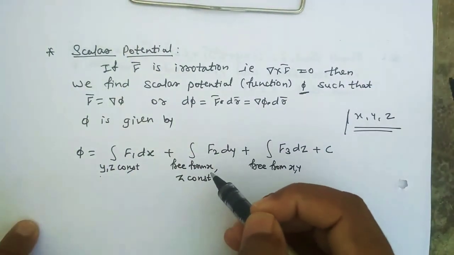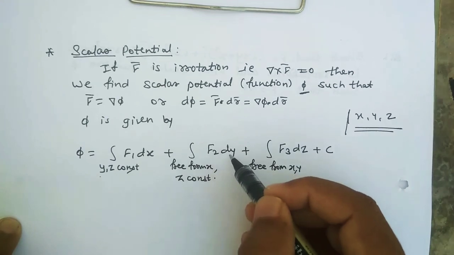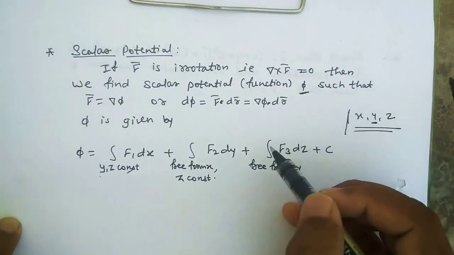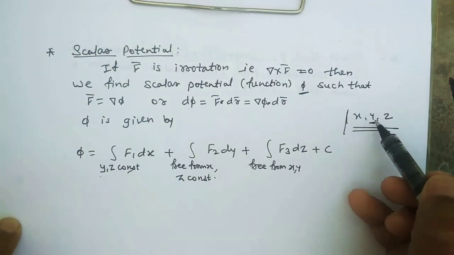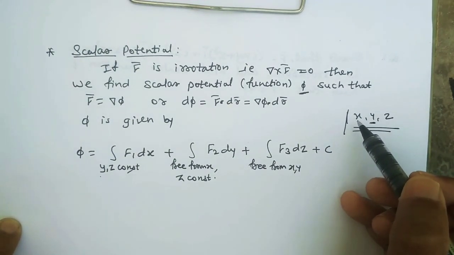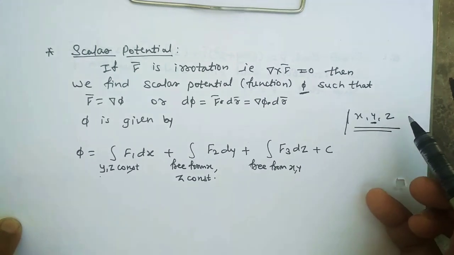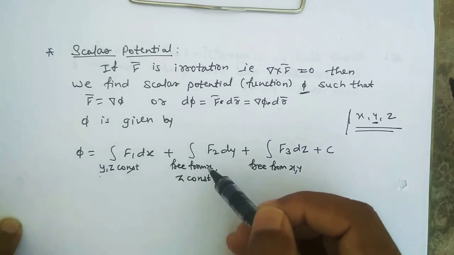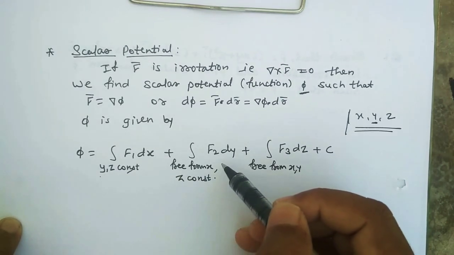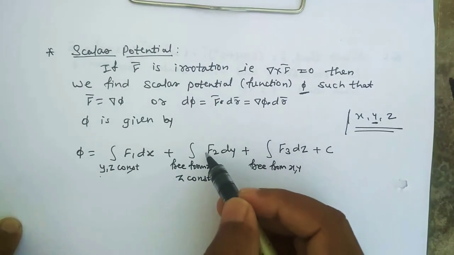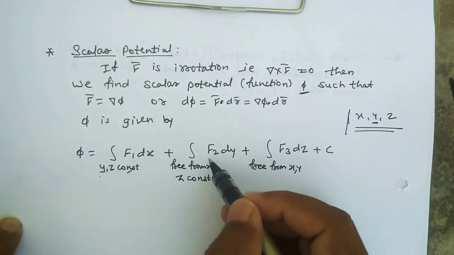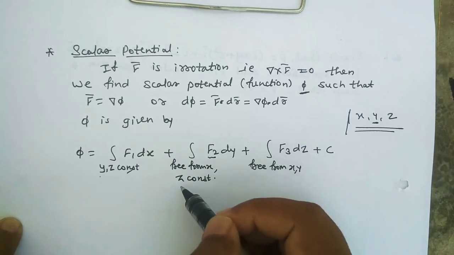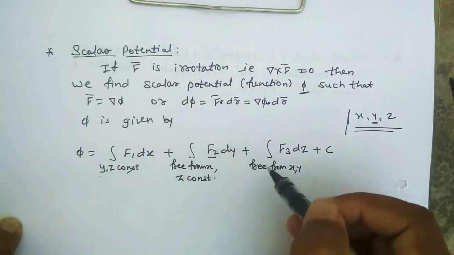Then the second term, integration of f2 with respect to y. Whenever we take the integration with respect to y, x is previous to y and z is after y. So take f2 free from x and take z as a constant term.